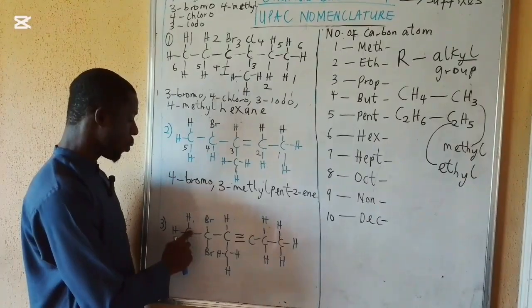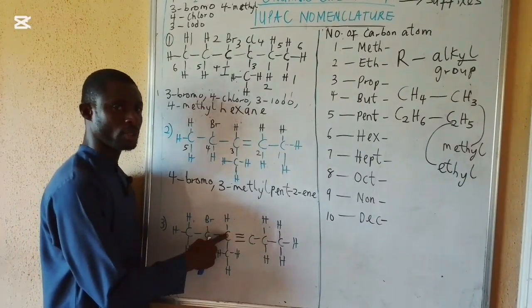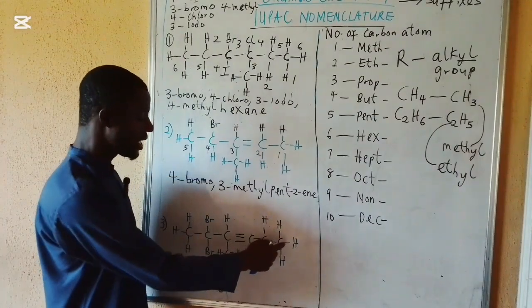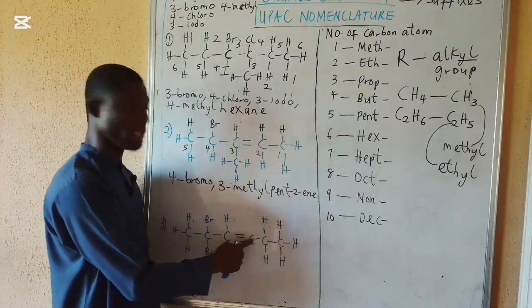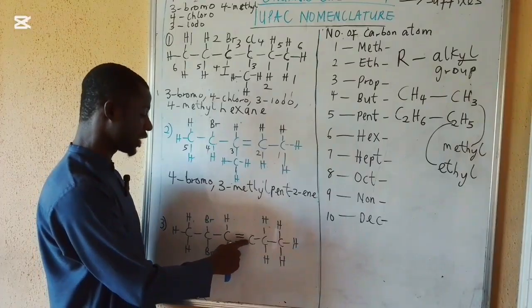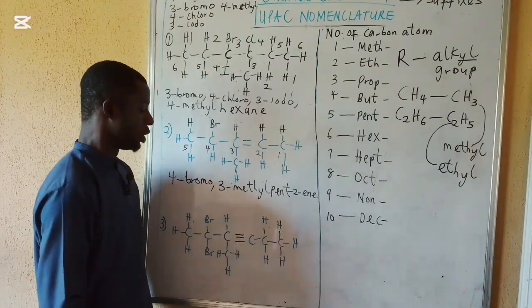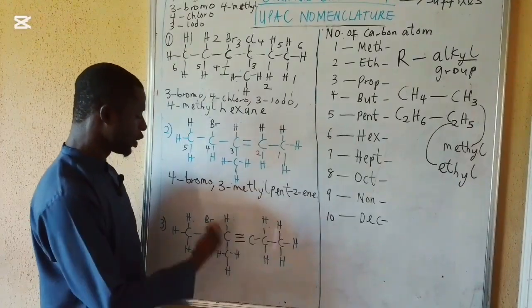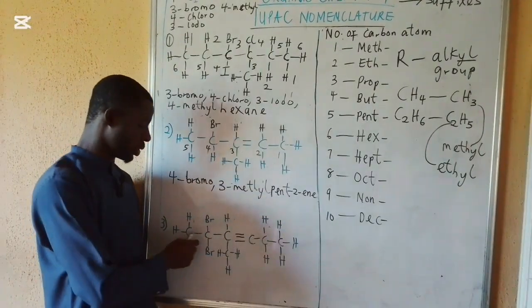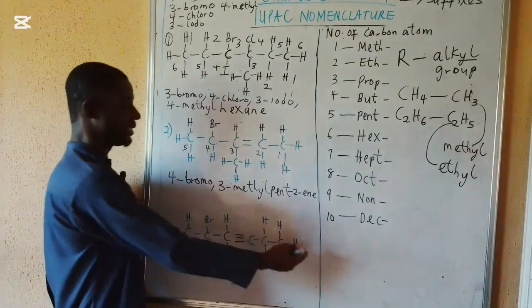So if you number this way, 1, 2, 3, my triple bond is joined to carbon 3. And if I number this way, 1, 2, 3, my triple bond is attached to carbon 3 also. So it's 3, 3. So how do I now number? Let me number this way because my substituent is at this side rather than this side.